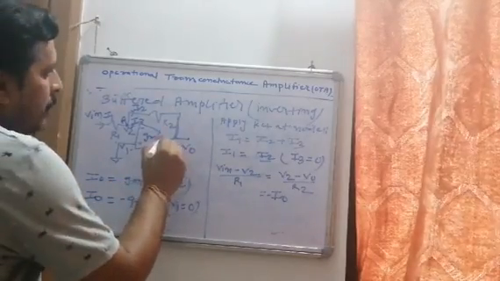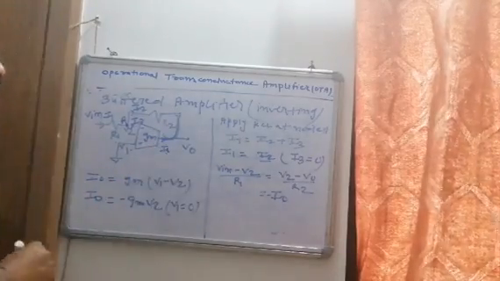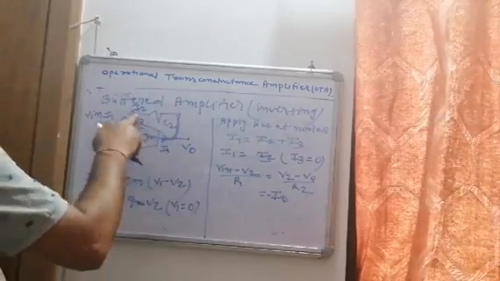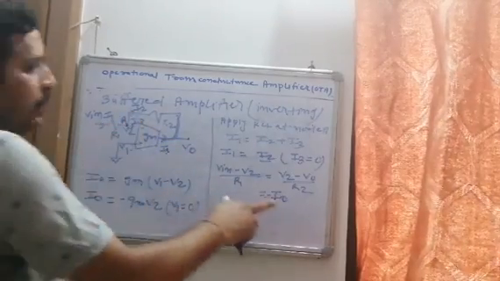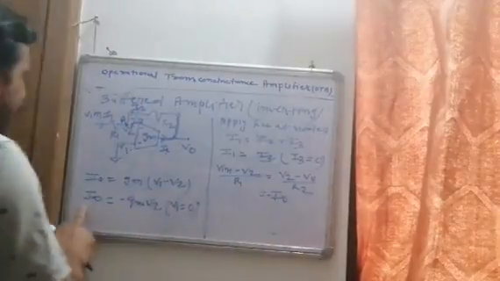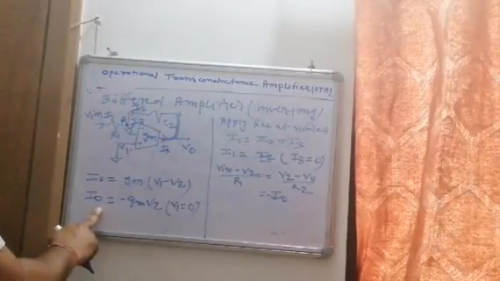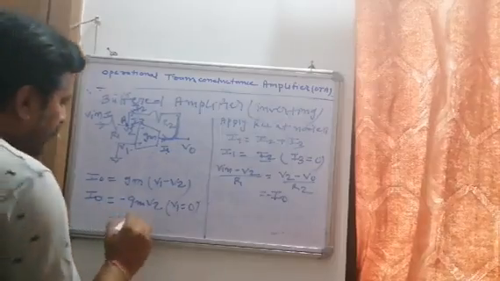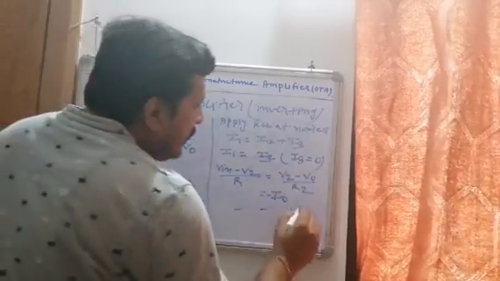So all of the output current I naught will flow in this loop, and the direction of this current is opposite to I naught. That's why we have written here minus I naught. And the value of I naught is minus Gm V2. This is equation 1 and this is equation 2.